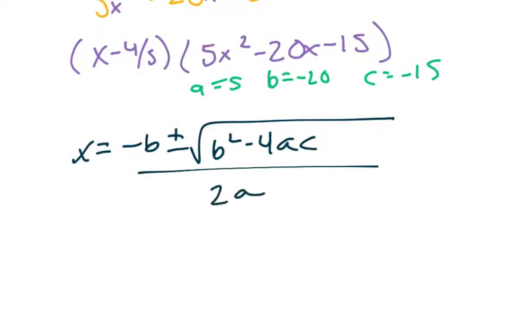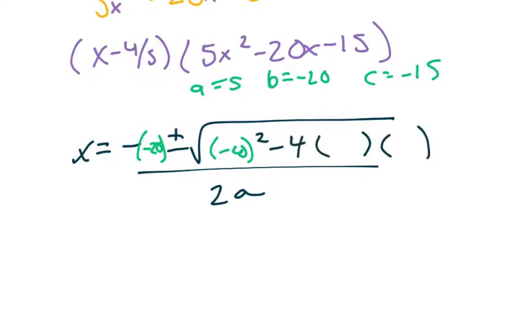But of course, instead of a b, we're writing negative 20. Over here, instead of a b, we're doing negative 20, whoops, that will be squared. And then our a and our c are 5 and negative 15. And then our a over here is, I suppose I could have factored out a 5, oh well.